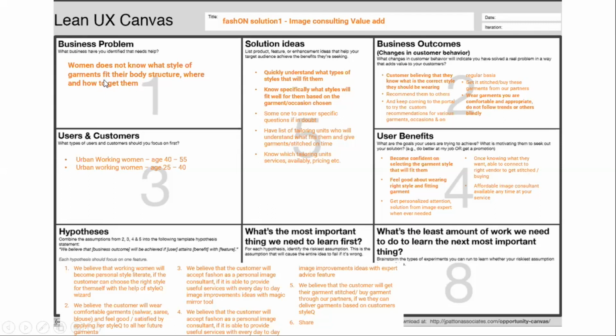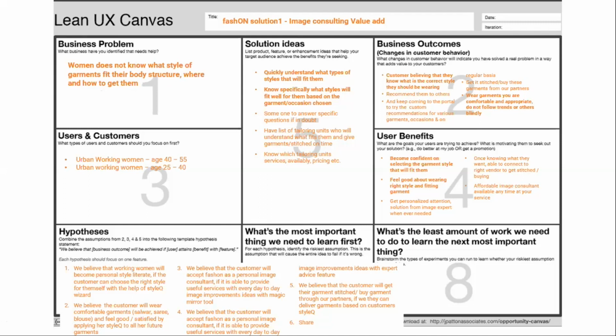Women do not know what style of garments fit their body structure, and where and how to get them. You get the problem? Women don't know what type of garments will fit their body structure particularly, and where and how to purchase or get that particular garment. That is the business problem we identified.